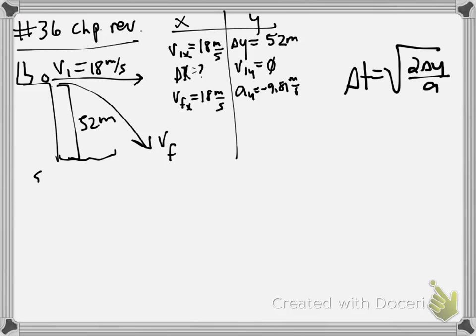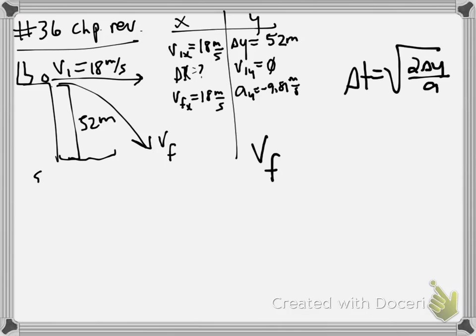So we have an expression for delta t. That's useful. So now we can find, and this is both axes, the crossover. If we can find VFY, we can find VF.